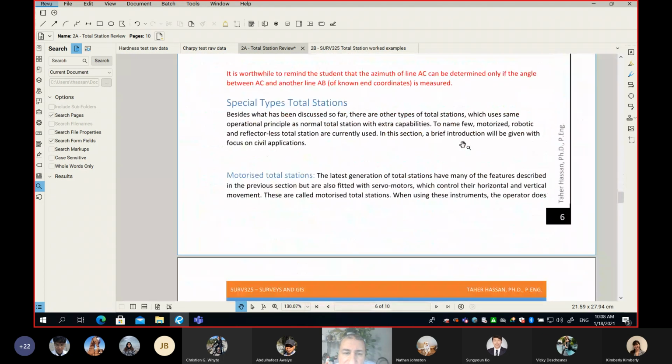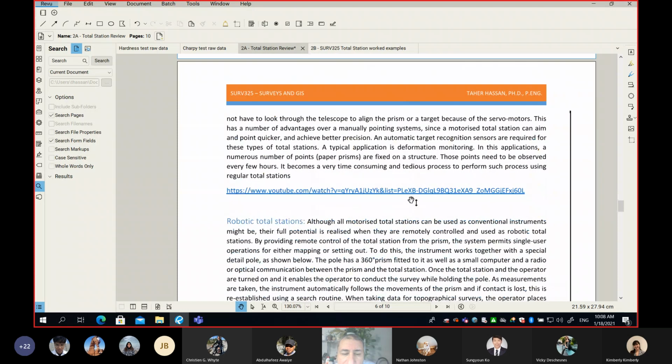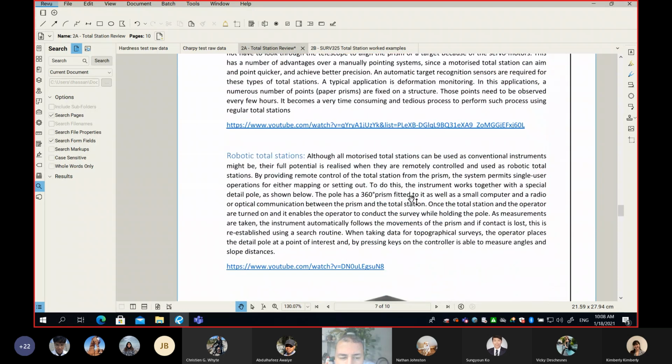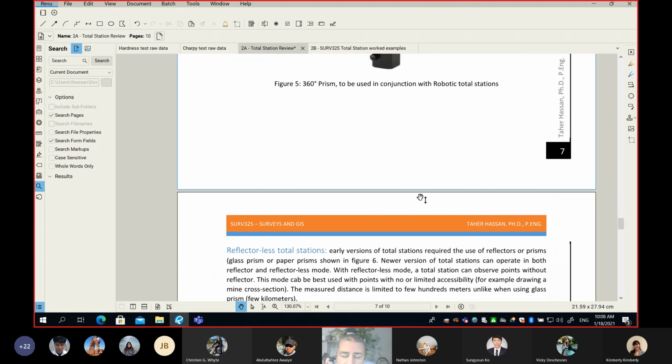Okay, so next is, in the last class, I took you through some specialized total stations, some special types. A total station that is more complicated, more advanced than what you have seen before. We went through motorized total station, robotic total station, and then finally reflectorless total station.